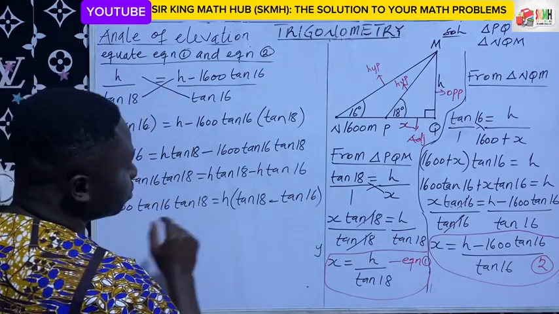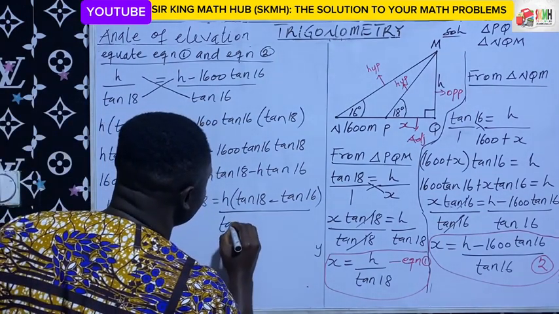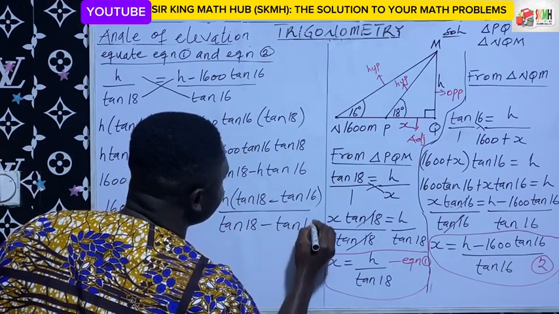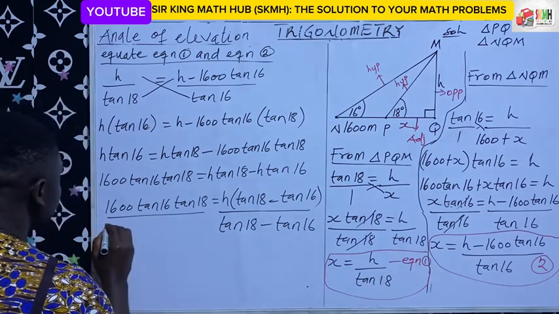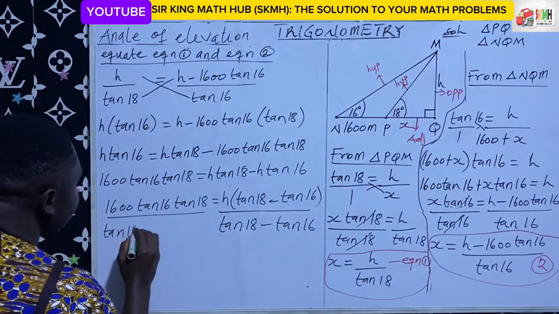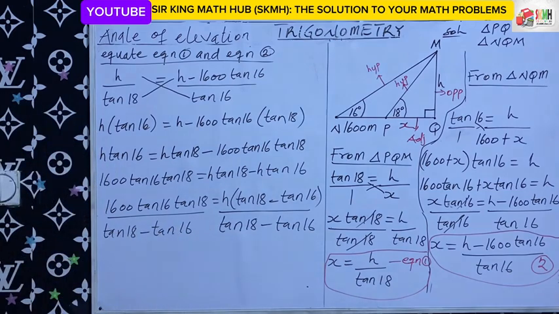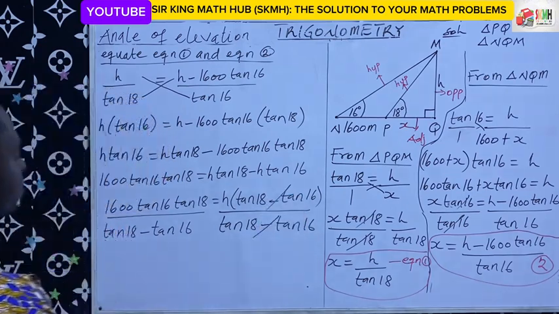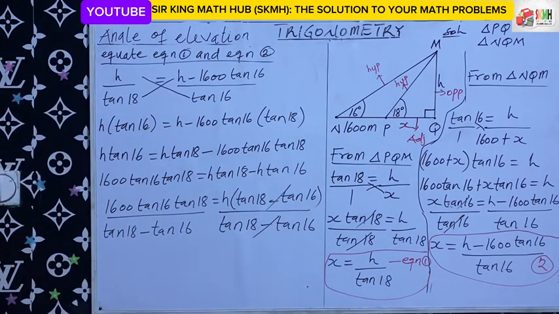So since we are looking for h, you can divide both sides by tan 18 minus tan 16. And then this side too, we divide by tan 18 minus tan 16. We are almost done. So tan 18 minus tan 16 will cancel out. So we have the whole of this should be equal to h.